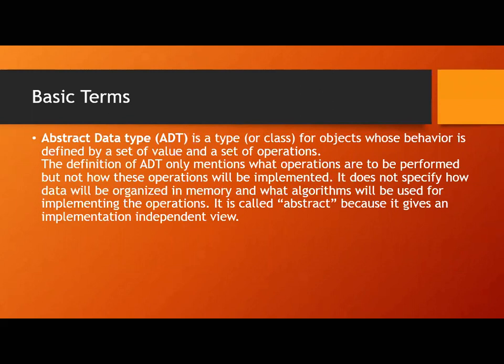Good. So the abstract data type, as the name suggests, allows you to specify the types of operations and the type of data that can be accepted by this particular data type.